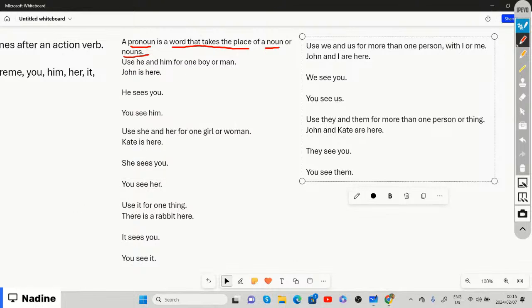A pronoun is a word that takes the place of a noun or nouns.